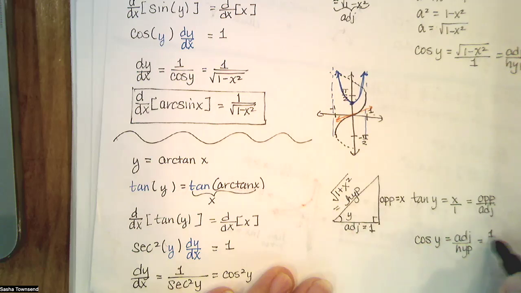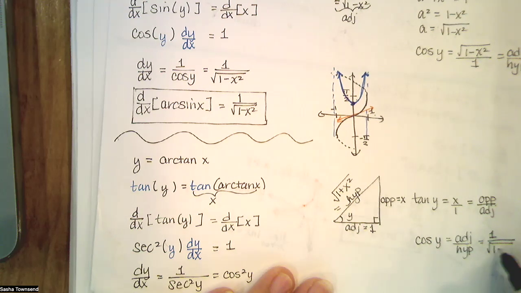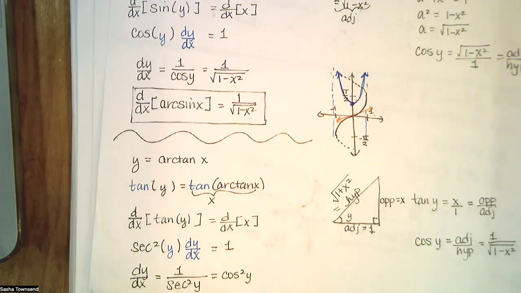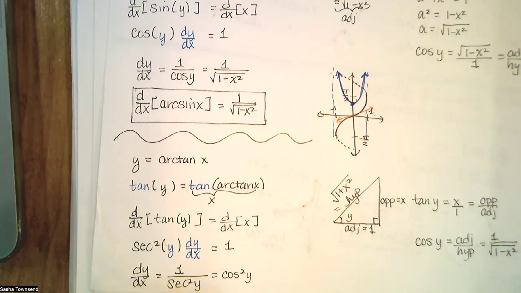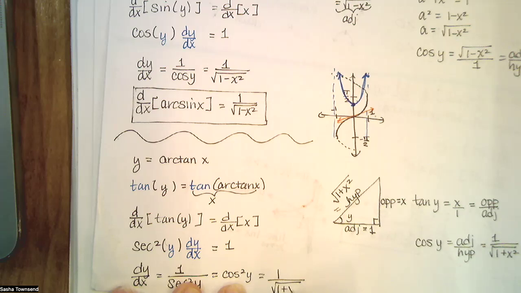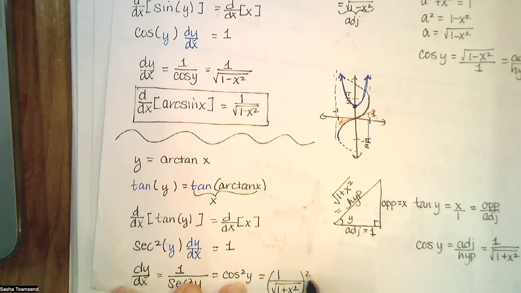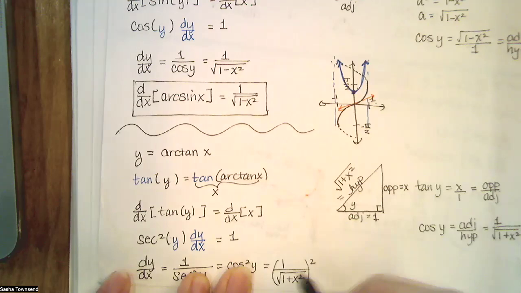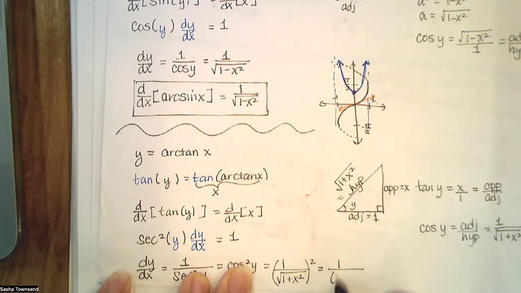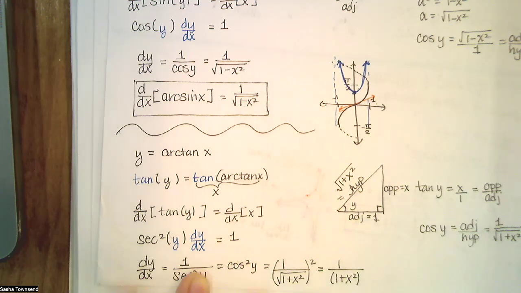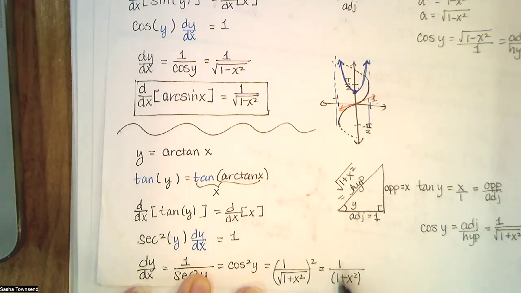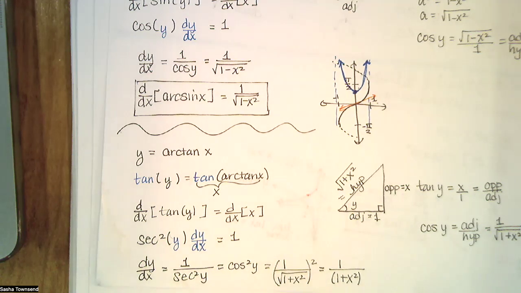So our adjacent side is 1 when the hypotenuse is the square root of 1 minus x squared. I must have done that wrong. 1 plus x squared, excuse me. And we square that. We square the square root, we just get whatever was inside. So dy/dx turns out to be 1 over 1 plus x squared.